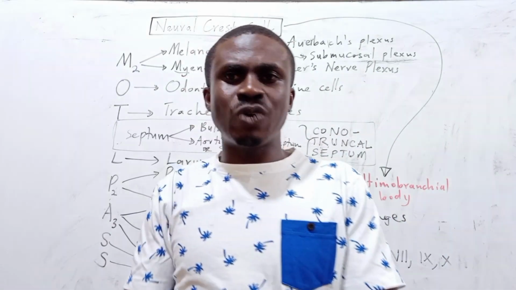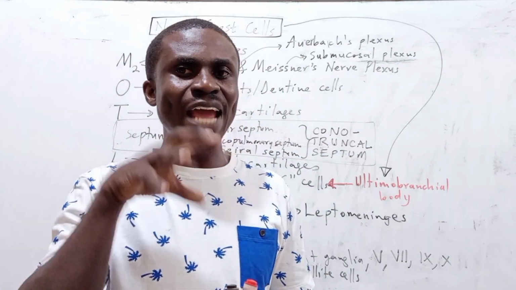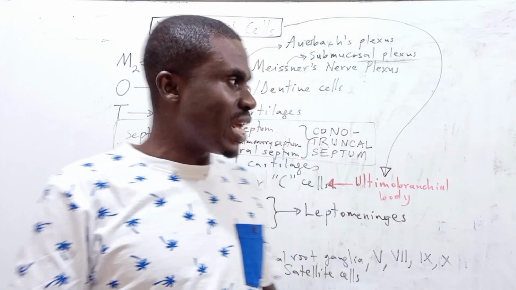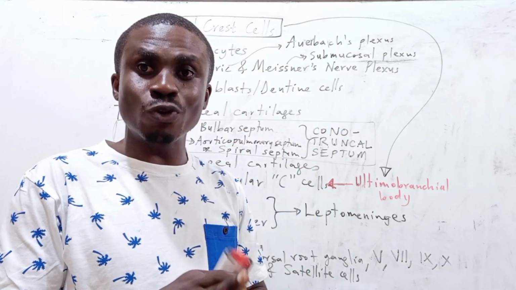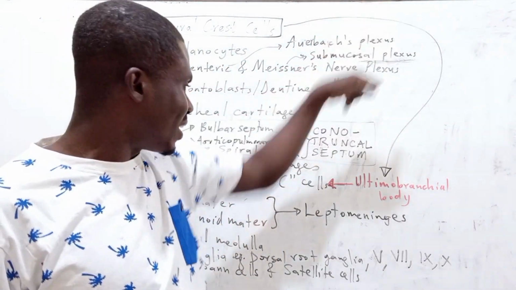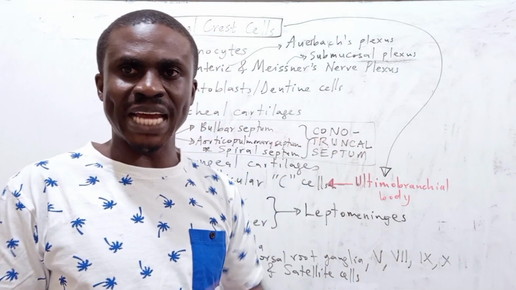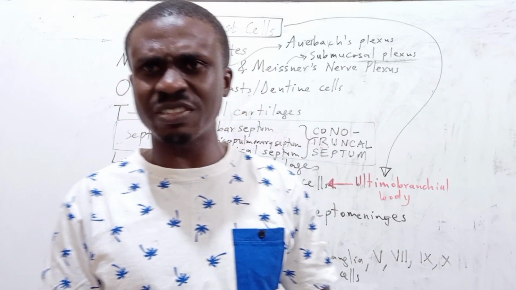Now, here's one thing which I want to tell you. Sometimes in your exam, you may see endocardial questions. Now, the endocardial cushions are formed by different things. But those formed by the neural crest cells will migrate and form the two septa I'm talking about: the bulbar septum, and of course the aortico-pulmonary septum by way of the spiral septum.